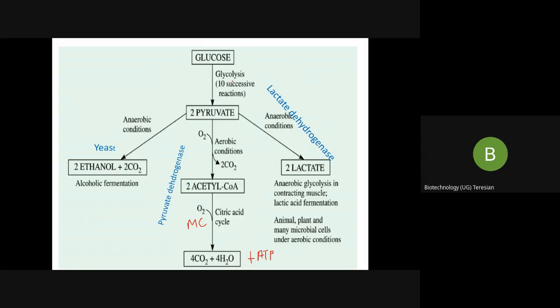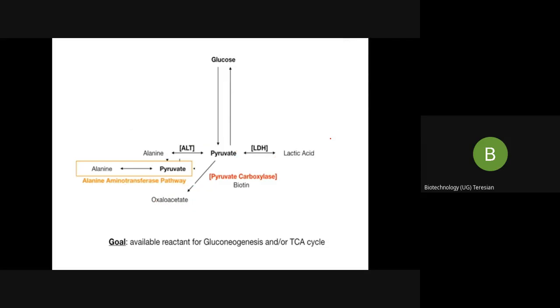In the next step, if you see, pyruvate can get converted to alanine in the presence of alanine aminotransferase. This is a reversible reaction. Why does it have to get converted to alanine?